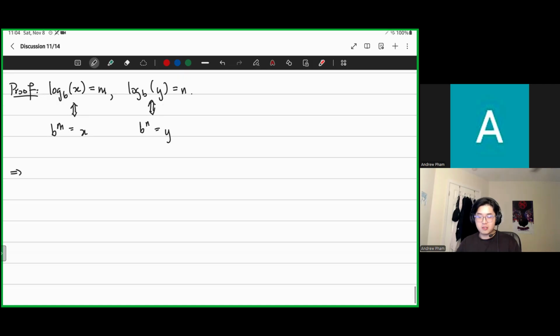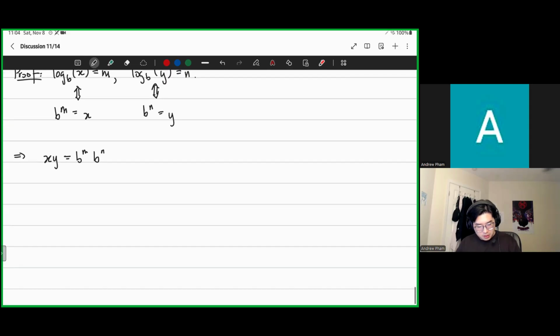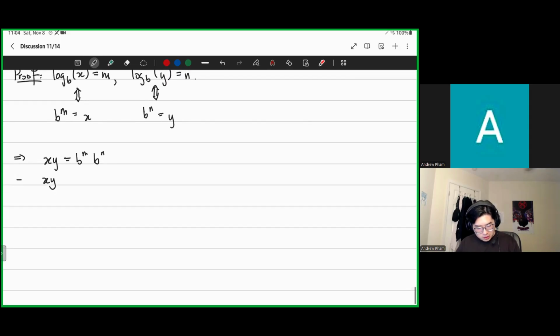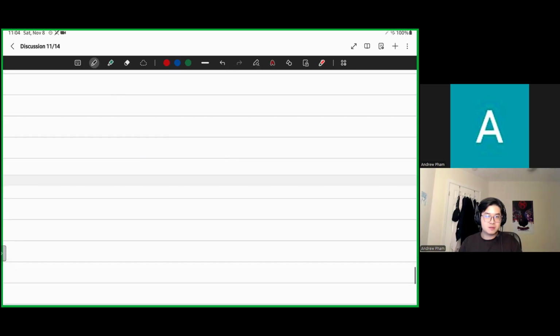So if I have these cases, I can now think about multiplying x times y together. x is simply b to the m, y is b to the n. So multiplication of same base means you're adding the exponents together. So I have b to the m plus n on the right-hand side.